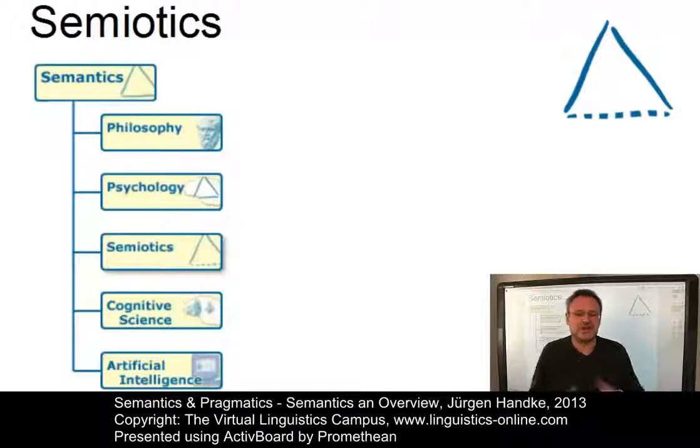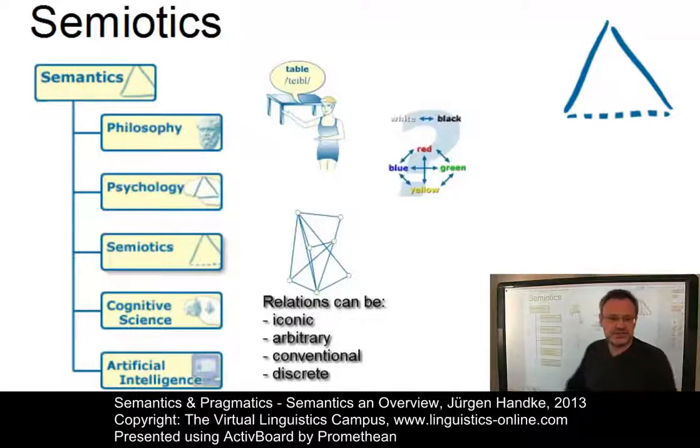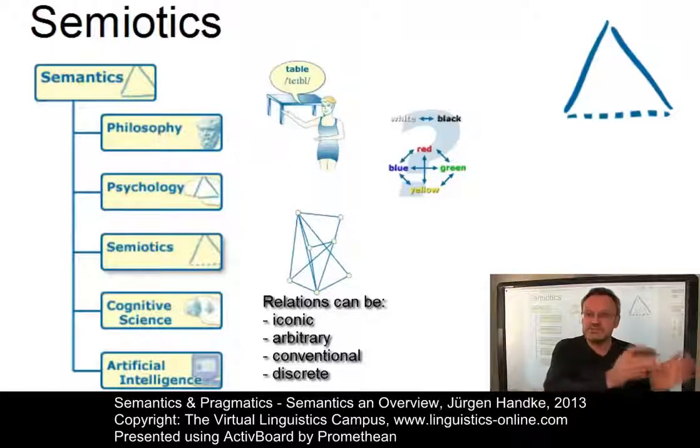Semioticists are interested in the types of relationship that may hold between a sign and the entity it represents, which include the following: iconic relationships, arbitrary relations, and conventional and discrete relations between sign and symbol.